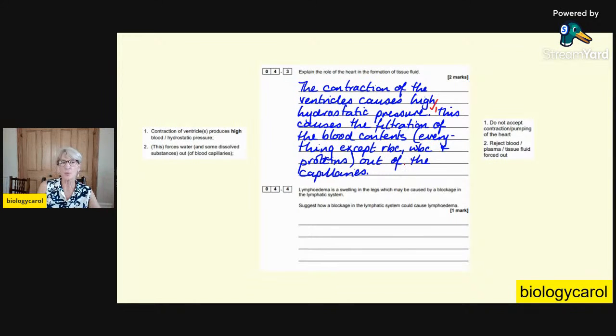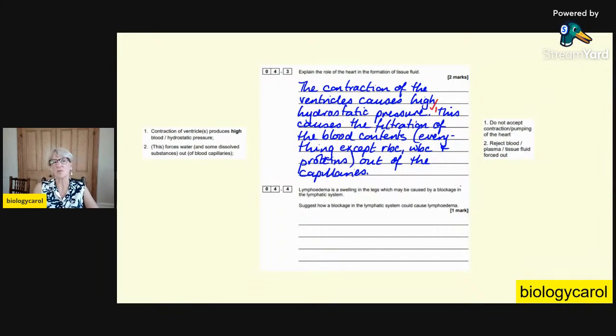I looked at the examiner's report on this, and they were very strong on the fact that they really wanted students to appreciate that it was the water and dissolved substances that is forced out of the blood. Whereas, I'm going to be honest, this is often what I teach, that it's a load of stuff going out of the blood, except for those big or insoluble things, the cells and the large proteins.